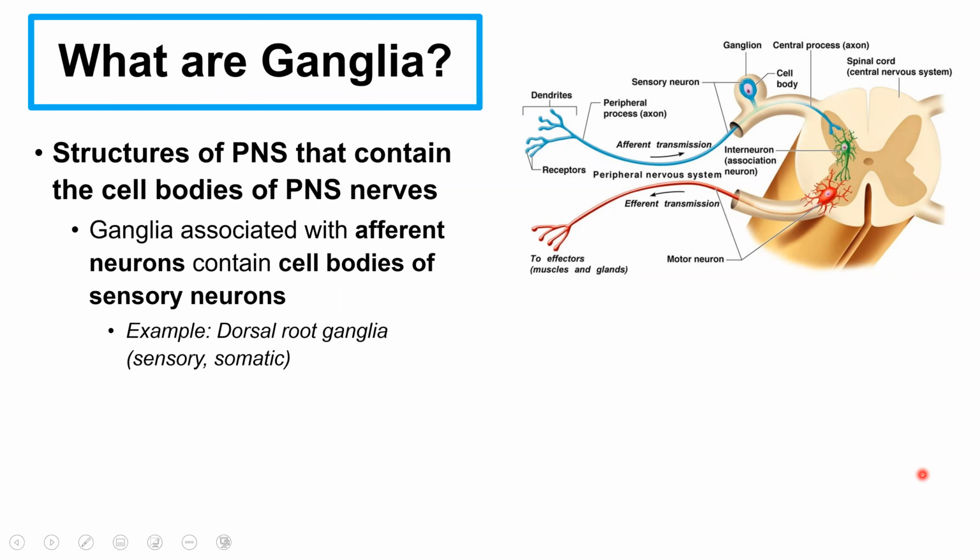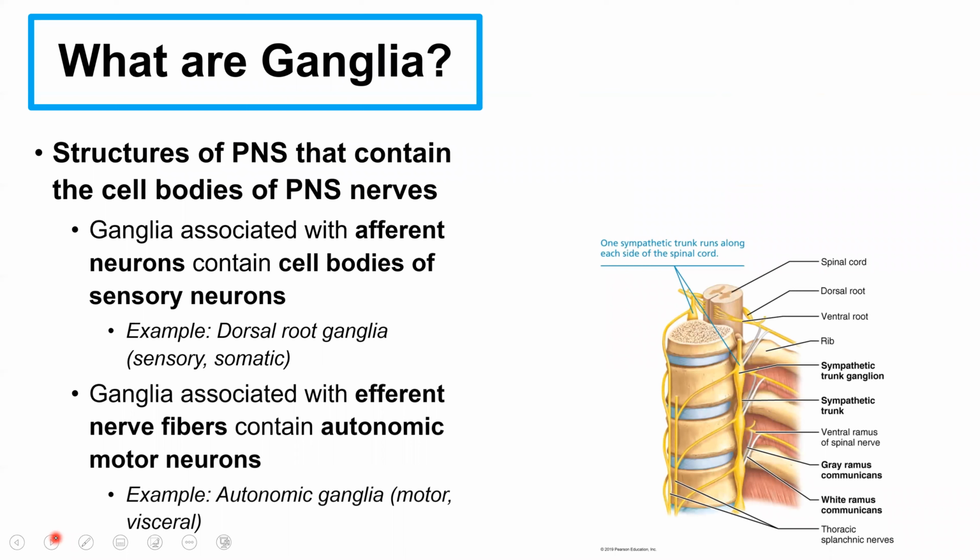And kind of going on from here, afferent neuron ganglia have the cell bodies of these sensory neurons, but ganglia that are associated with efferent nerve fibers contain only autonomic motor neurons. Okay, so for example, and we'll talk about this a little bit more next week, we have autonomic ganglia, which are going to hold the cell bodies of motor nerves that go to visceral locations.